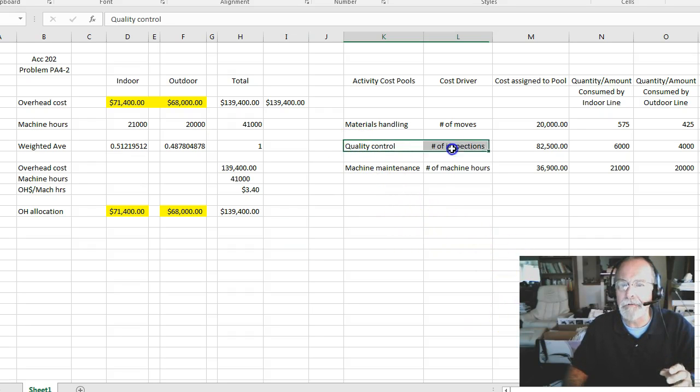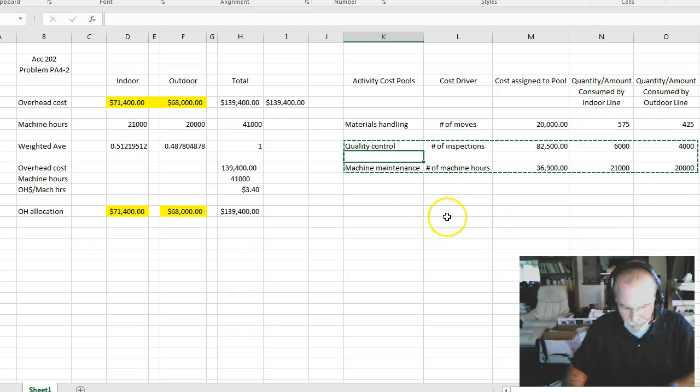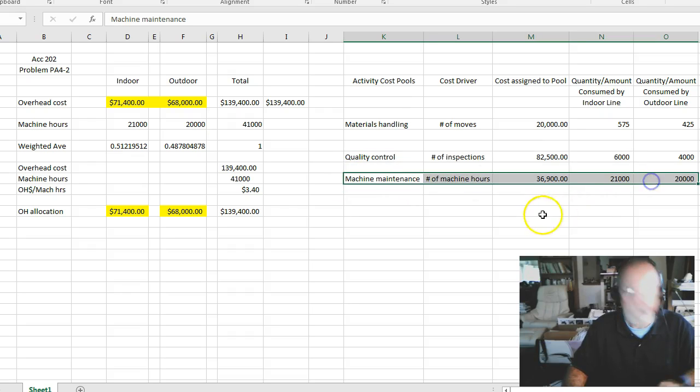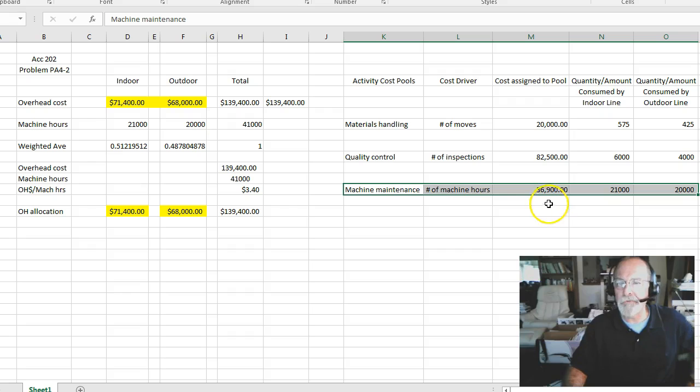I'm going to open up some space here, just move these down a row so that we can show some calculations between each one.